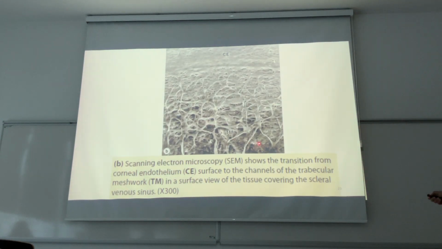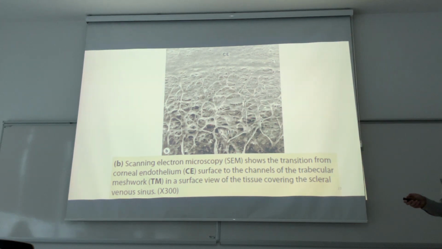Here you can see our trabecular meshwork, and in the trabecular meshwork we have connective tissue cells which form a network, or meshwork, and between them we have channels.